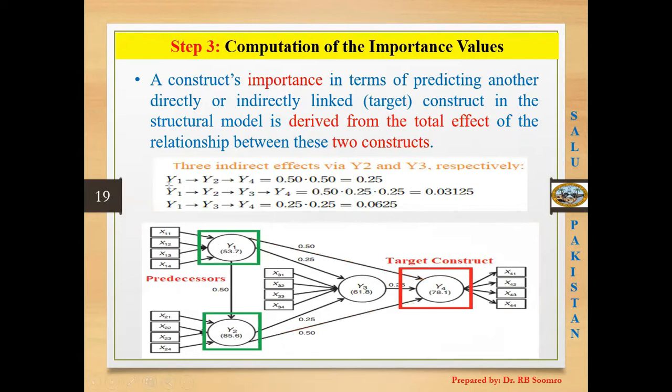When we talk about the indirect effects, then these are our indirect effects: Y1, Y2, Y3, Y2, Y4, and then Y1, Y2, Y3, and Y4. So these are the different indirect effects. The total effect is derived from the direct effect and the indirect effect.